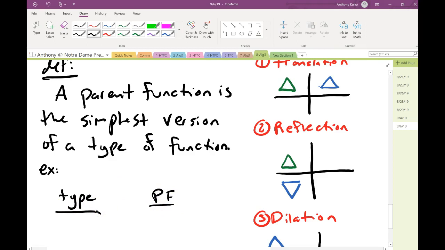So a parent function is just the simplest version of some type of function. So let's look at some examples of different types of functions and their respective parent function.